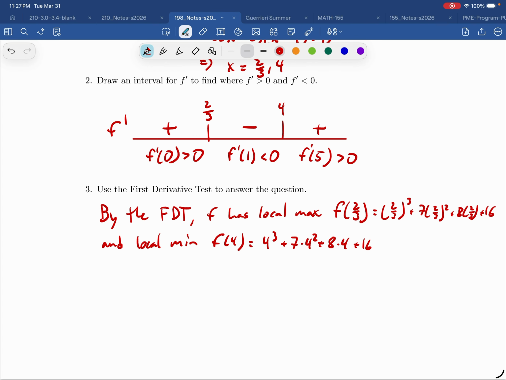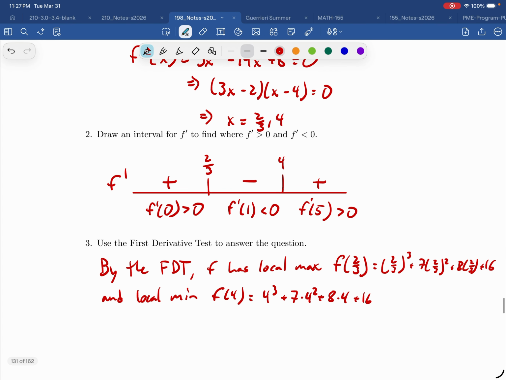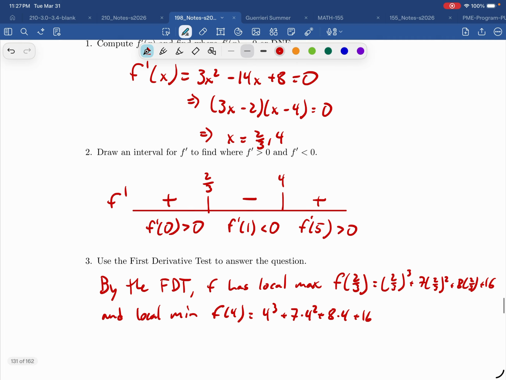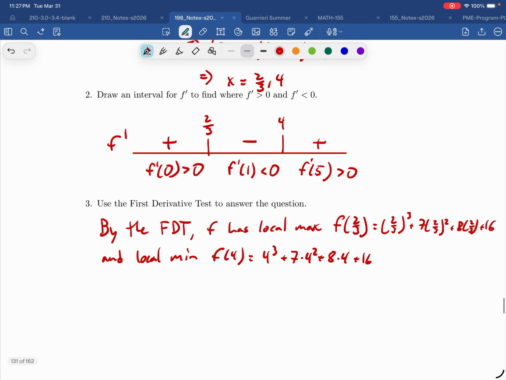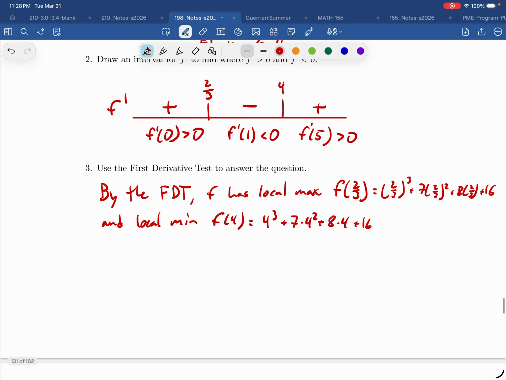Remember, to find the local max and the local min, we use the first derivative test. But the actual local max and the actual local min is the critical numbers plugged into f, right? Local maxes and mins are y values, okay? So those are the local maxes and mins.